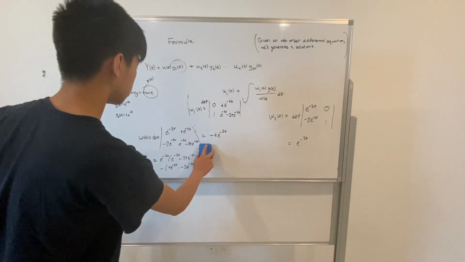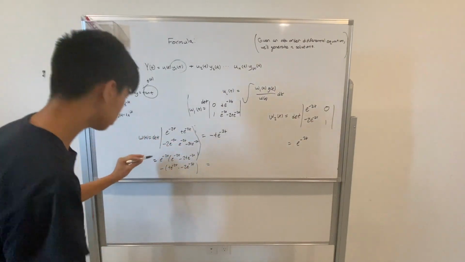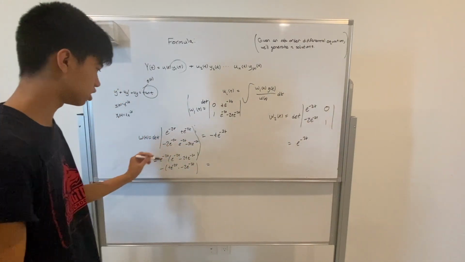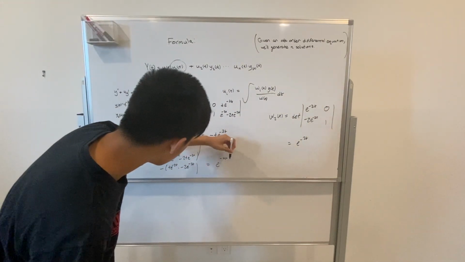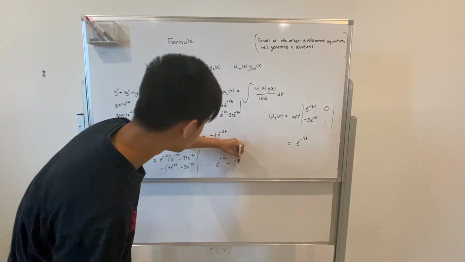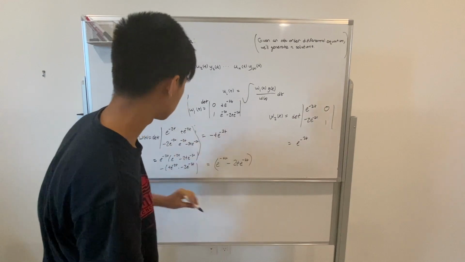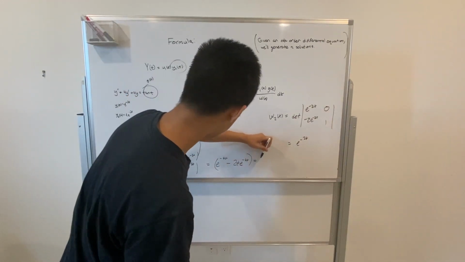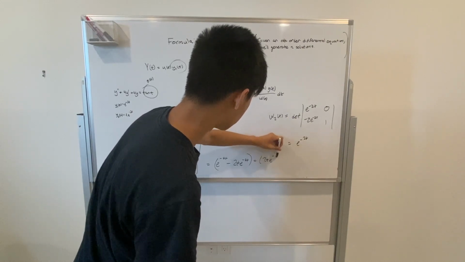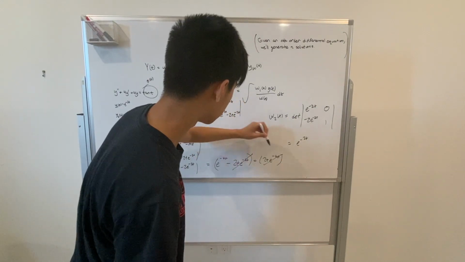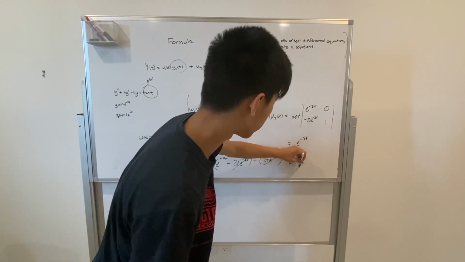And then if you add this up, because this is AD minus BC, you get e to the negative 4t minus 2t e to the negative 4t plus 2t e to the negative 4t. These two cancel each other out, and we're just left with e to the negative 4t as our overall Wronskian.